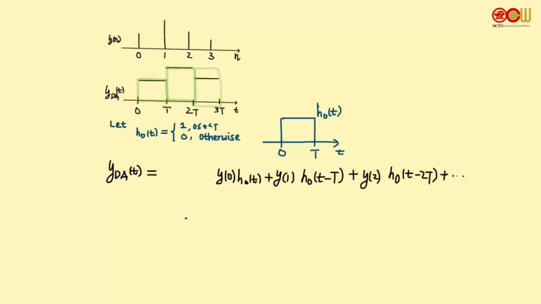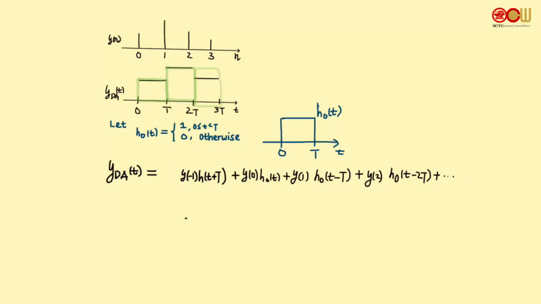And for the other side too, it will be y0, y minus 1, and h0 of t plus t. And for the other side too.